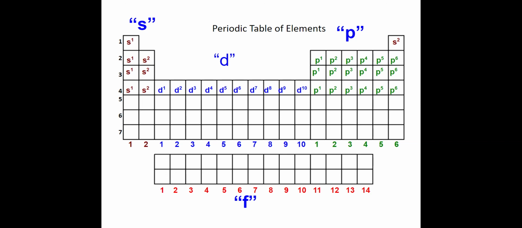We use a superscript to represent the number of electrons in that subshell. So that's why it's s raised to the first power. We would call that the 1s1. Helium, on the top right corner, is 1s2.